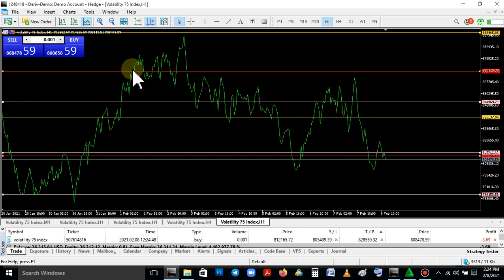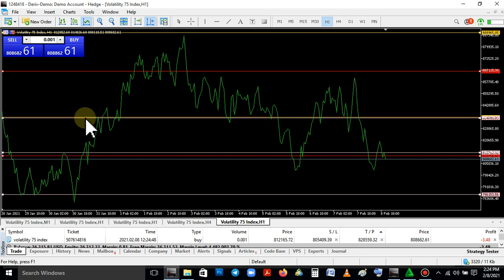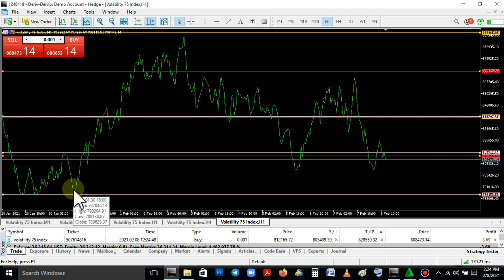Another nice kiss here. So that's another nice point for us to put our line. Leave it there. So very nice place. Now we have H4 and H1 agreeing together. That's another important point for us to keep an eye upon.